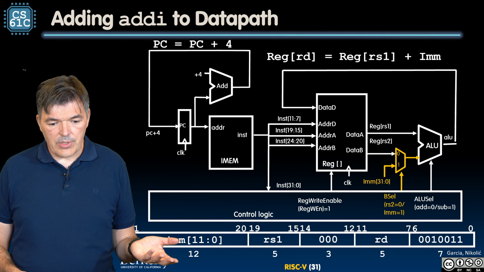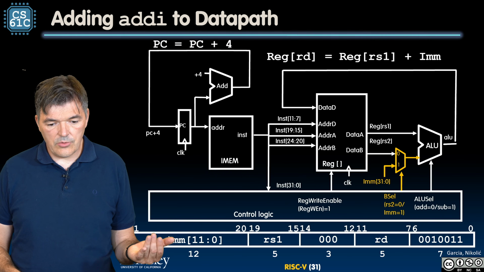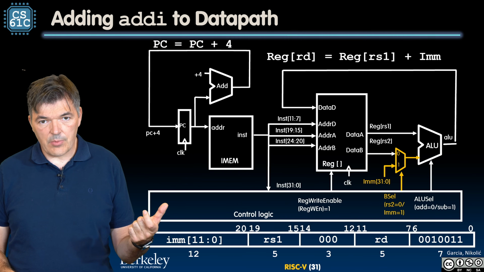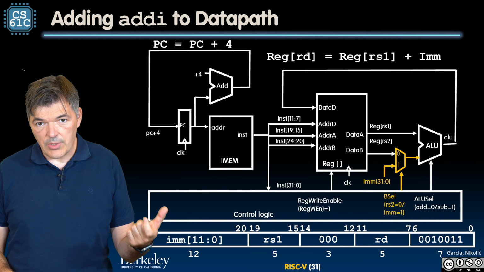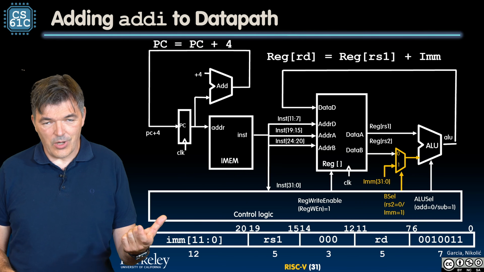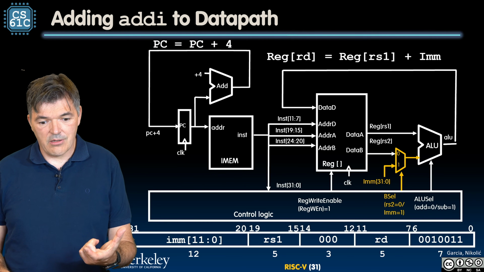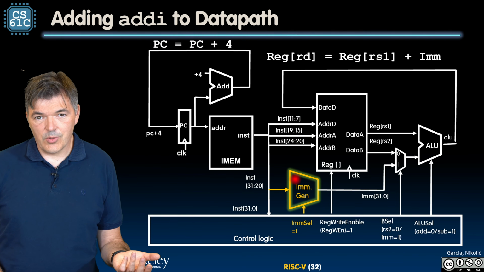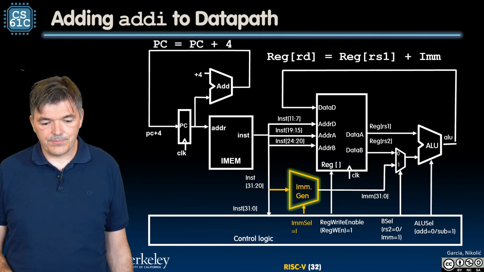Now, we got pretty much everything we needed here. We do need to get this immediate from somewhere. The immediate is in the upper part of the instruction, and it is only 12 bits wide, so we need to take that 12-bit value and make 32 bits out of it. So we need a little block here that will do that immediate generation.